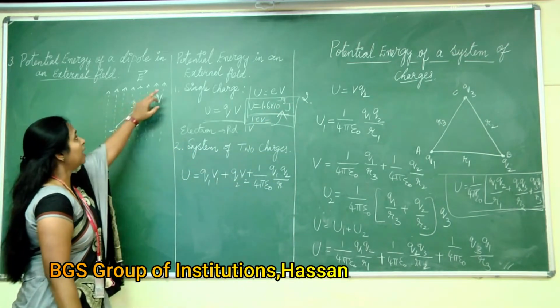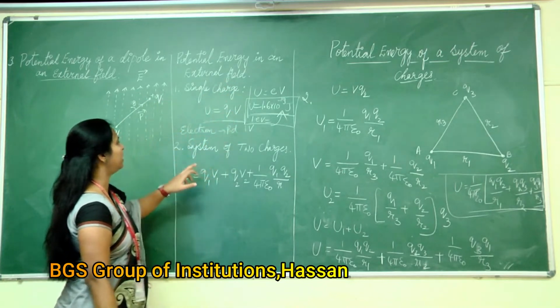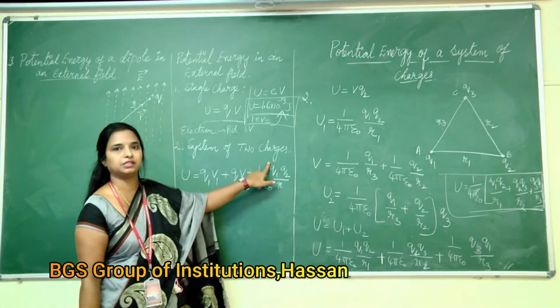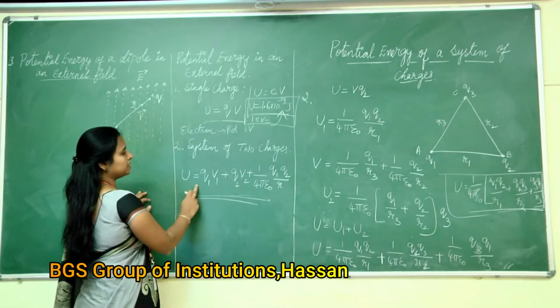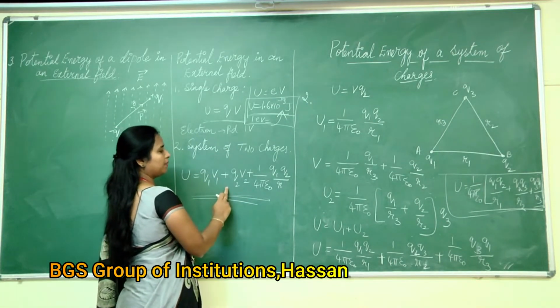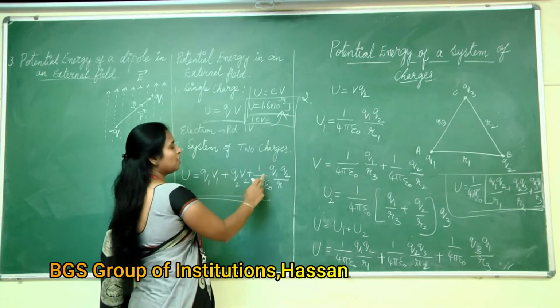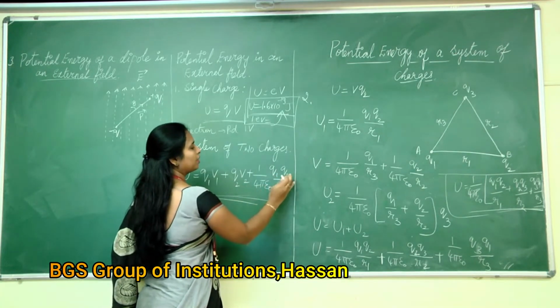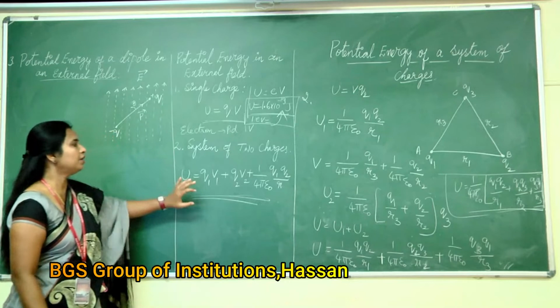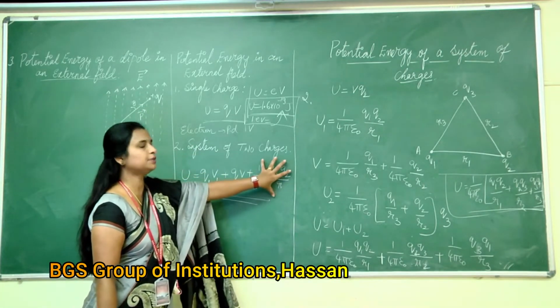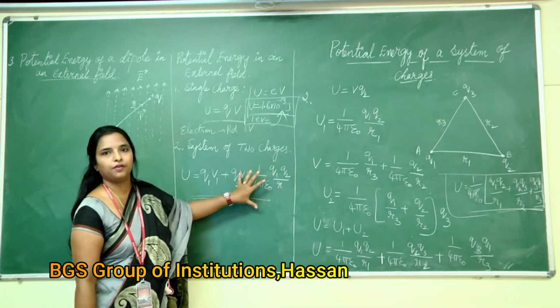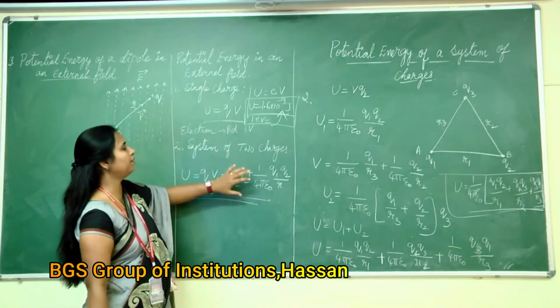Next, the potential energy in an external field for a system of 2 charges. For a system of 2 charges, we have the expression U is equal to Q1 V1 plus Q2 V2 plus 1 by 4 pi epsilon naught Q1 Q2 by R. Here, the first terms are due to the first charge and second charge in the external field, and the last part is due to the charges themselves.